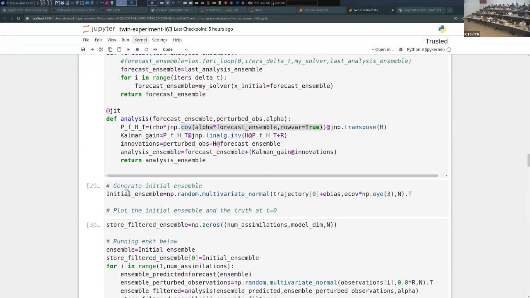There, the highlighted piece over there. When calculating the covariance, alpha is a number which is close to 1 but slightly larger than 1, and that's a usual choice. That's why it's called inflation, and we'll see why.